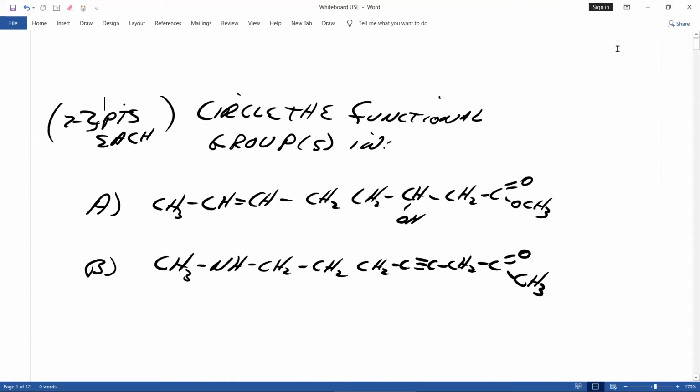All right, your turn. Circle the functional groups in the following molecules, 2 or 3 points each. And when you're done, don't forget, give me a thumbs up.